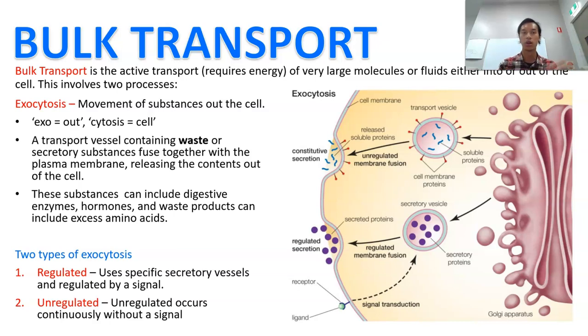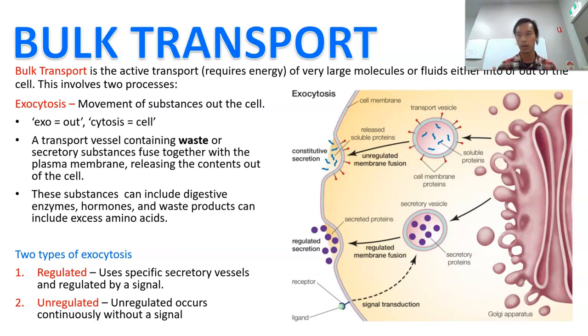Exo meaning out, cytosis meaning the cell. Transport vesicles containing either waste or secretory substances will fuse with the plasma membrane, releasing the contents out of the cell. These can be enzymes, hormones, and waste products, including excess amino acids, right? All of those get dumped by the cell and pushed out of the cell.